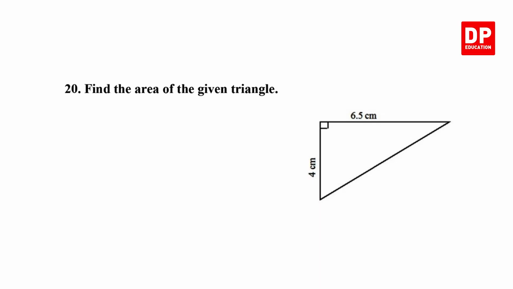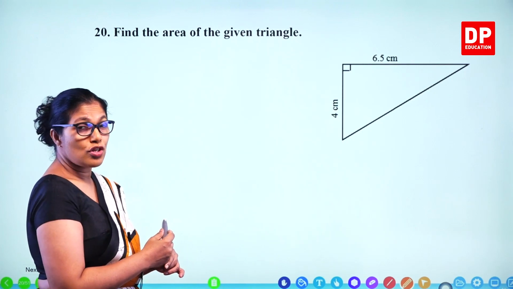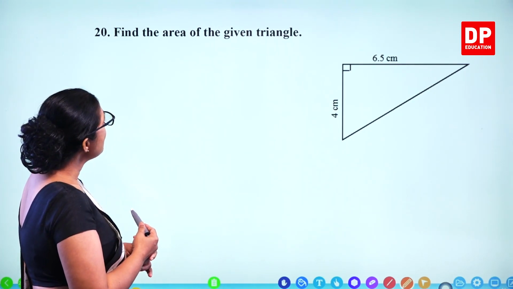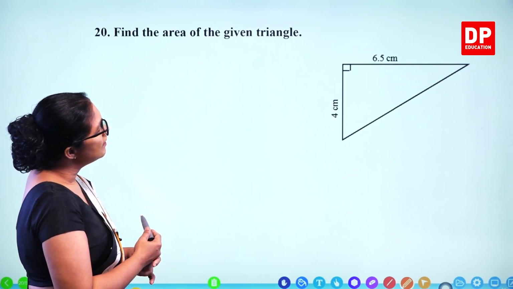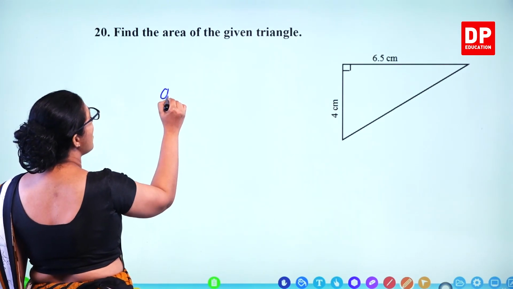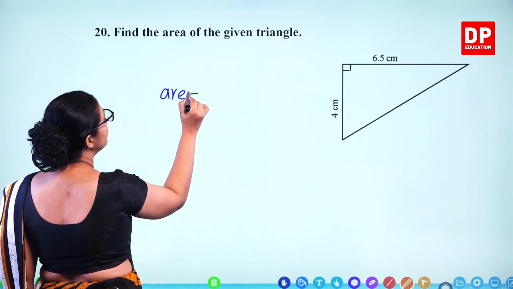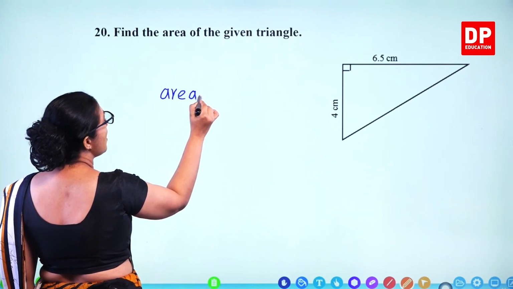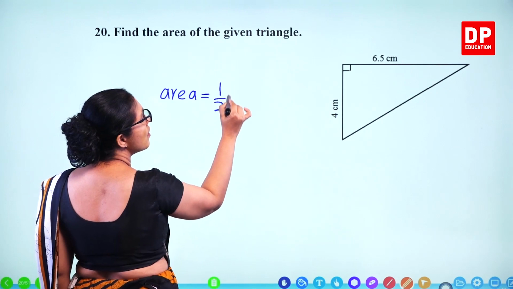Question number 20. That's the last question in part 1. Find the area of the given triangle. 90-degree angle, so right angle triangle. So area is equal to half.